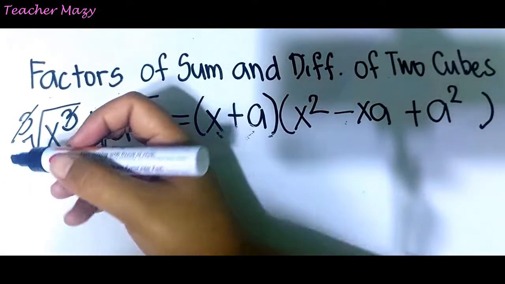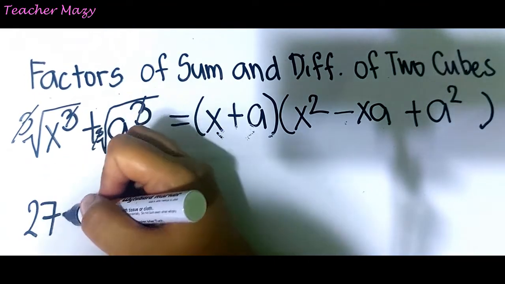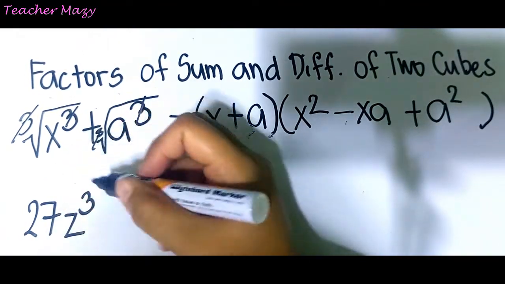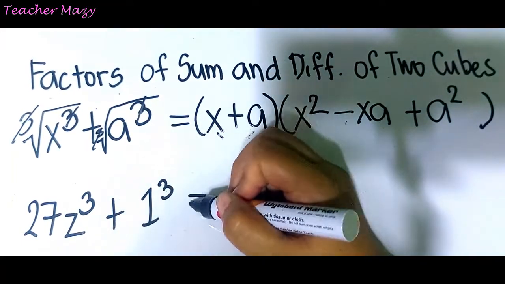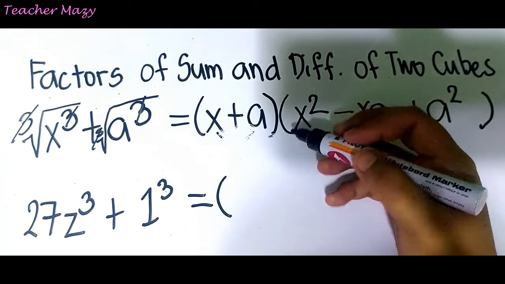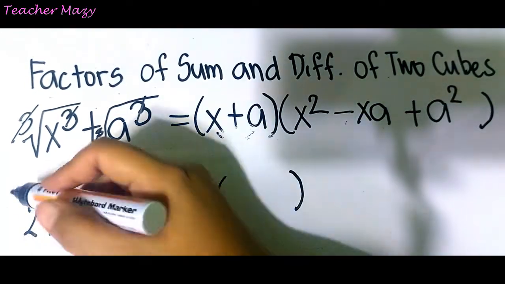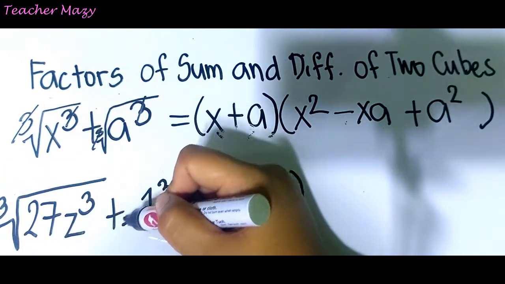Okay, so let's say we have 27z cubed plus 1 cubed. Again, first step, let's get the binomial factor by getting the cube root for each term.